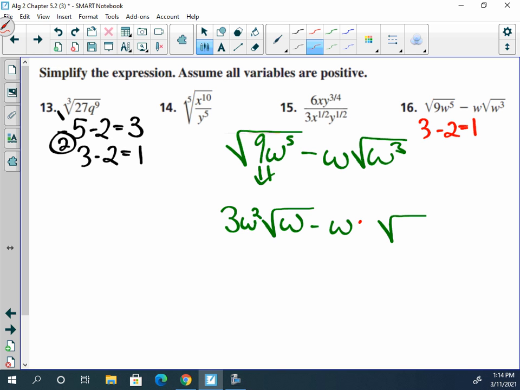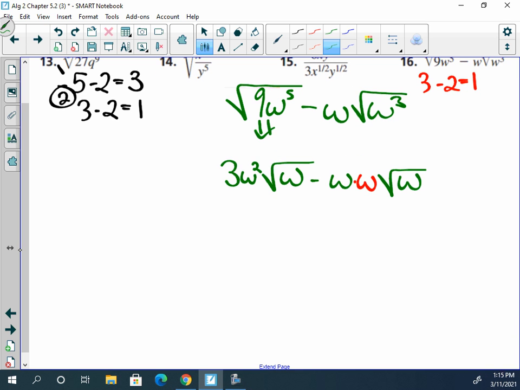So I can bring 1w outside, and we have 1 left inside. So the square roots of w match up, yes? Is there anything else I really need to simplify? Right, this 3w squared, square root of w is fine.